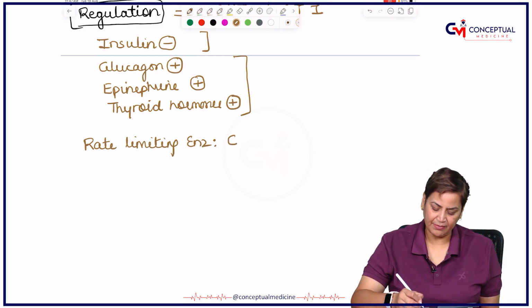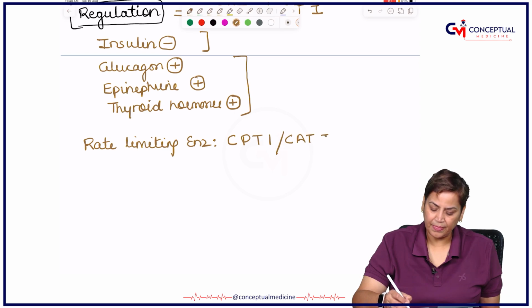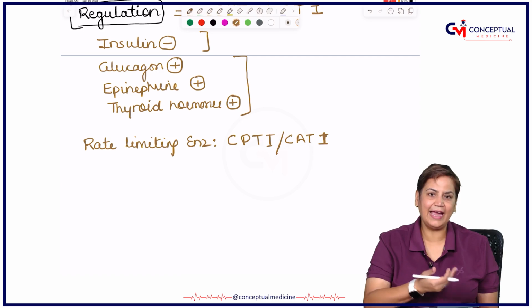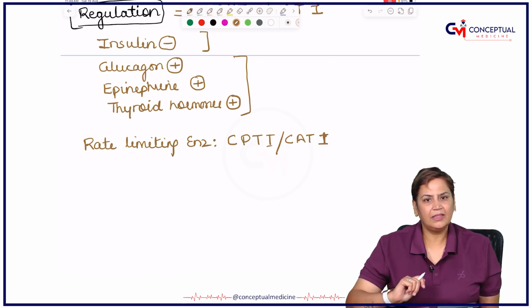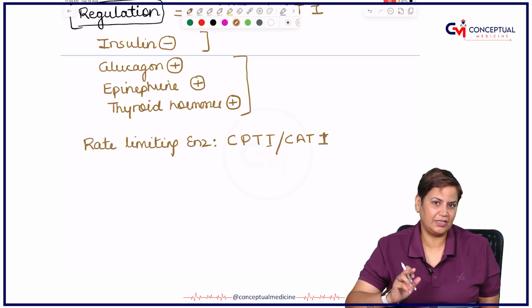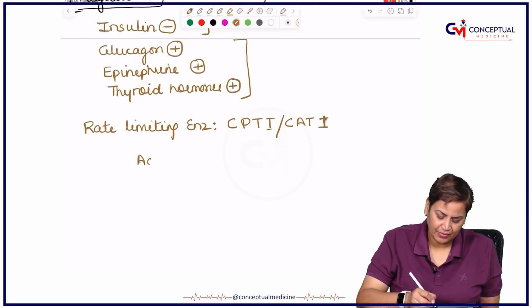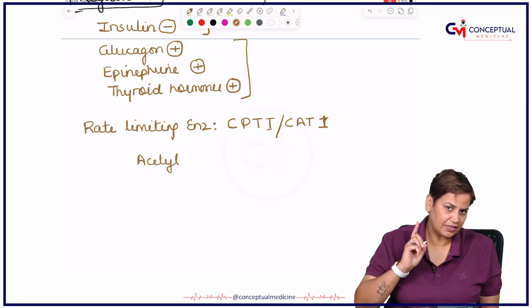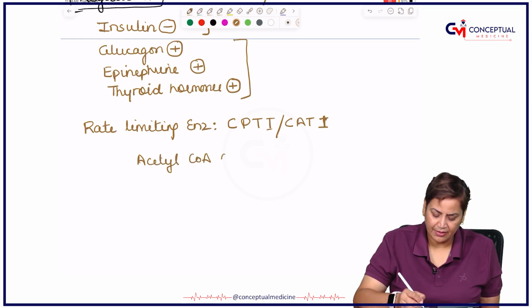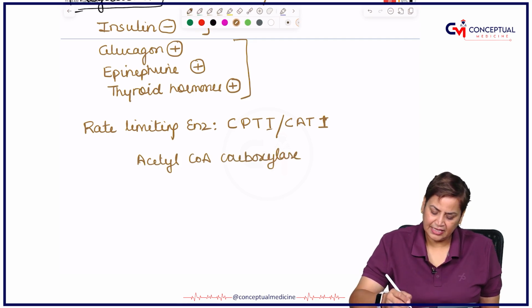The rate limiting enzyme is carnitine palmitoyl transferase 1, because this is the one which actually helps the entry of the fatty acid for oxidation. Again, there is one more enzyme which we will be discussing in detail in lipogenesis, acetyl coenzyme A carboxylase. This is the rate limiting enzyme of lipogenesis.